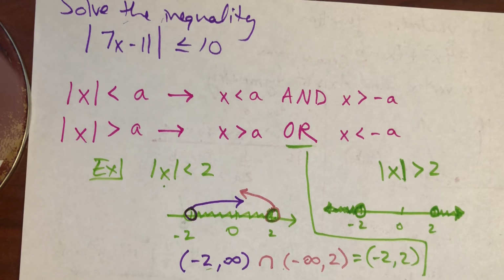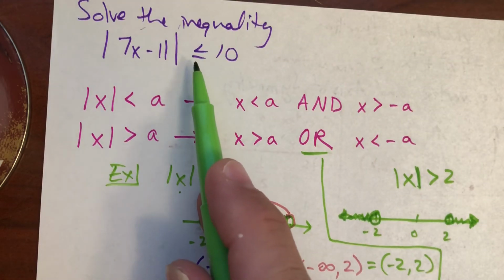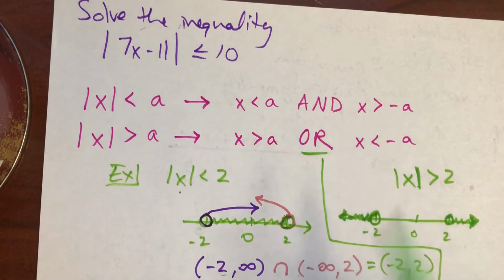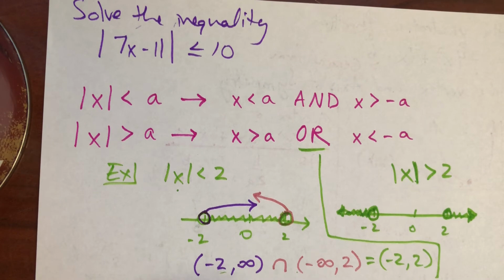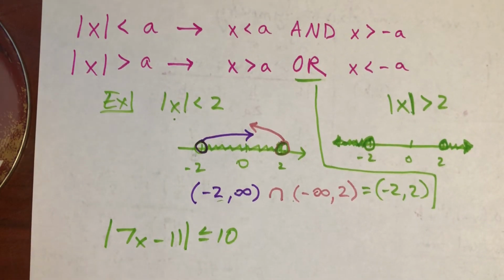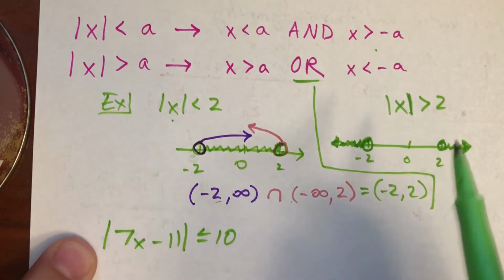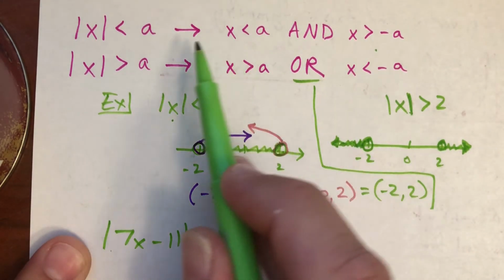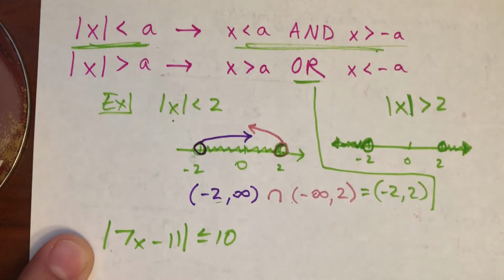Okay, so let's get back to the task at hand. We have a less than inequality, so we're going to use this first relationship here. So we have absolute value 7x minus 11 less or equal to 10. All right, so we have that less than relationship. So the first step is just to split it up, right? So we're just going to rewrite it in a different way.